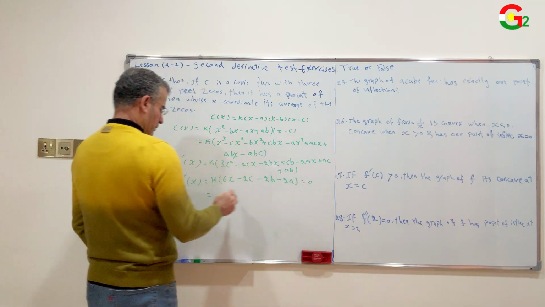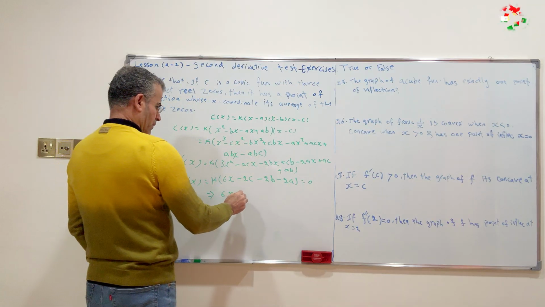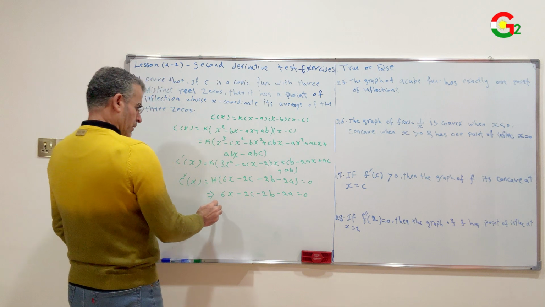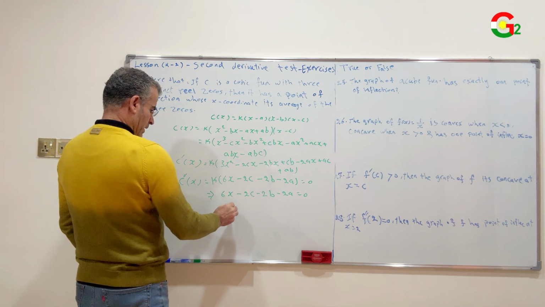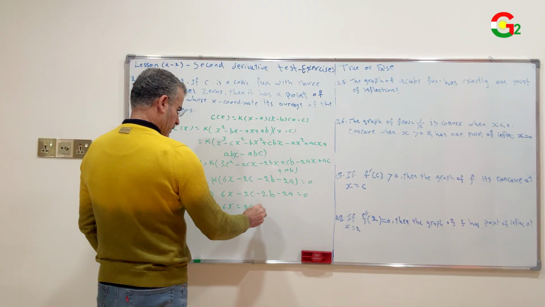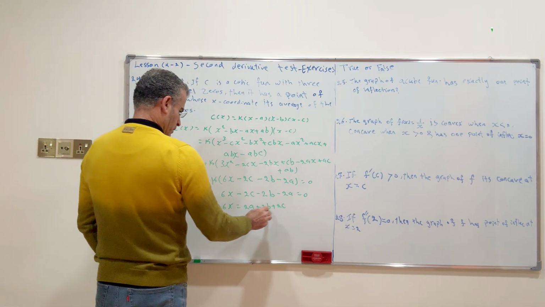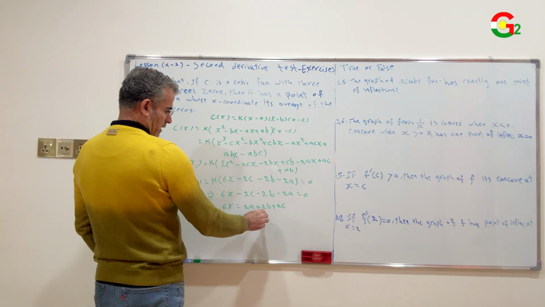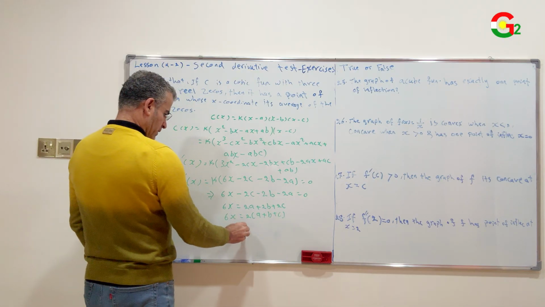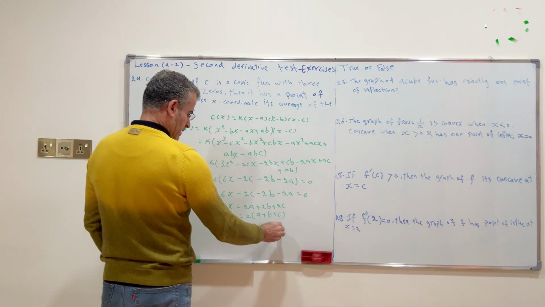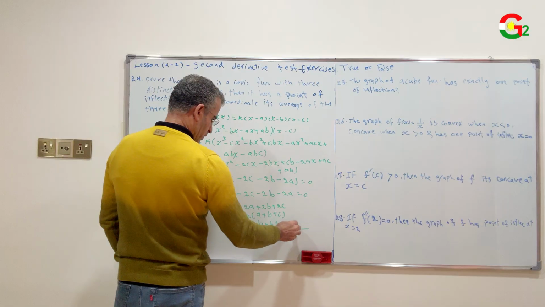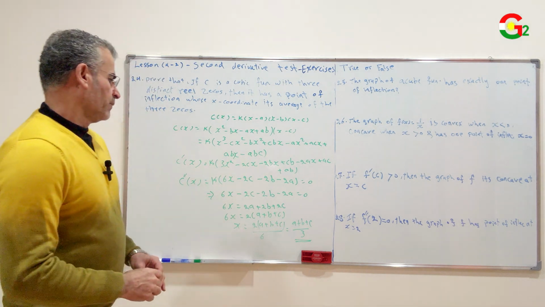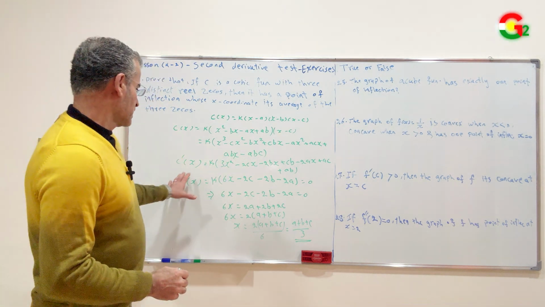Set it equal to 0, then 6x minus 2c minus 2b minus 2a equals 0, then 6x equals 2a plus 2b plus 2c, then 6x equals, factorize by 2, 2 times (a plus b plus c), then x equals 2(a plus b plus c) over 6 equals a plus b plus c over 3, which is the average of the three zeros of this function.